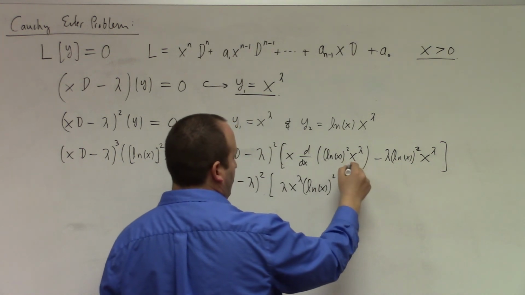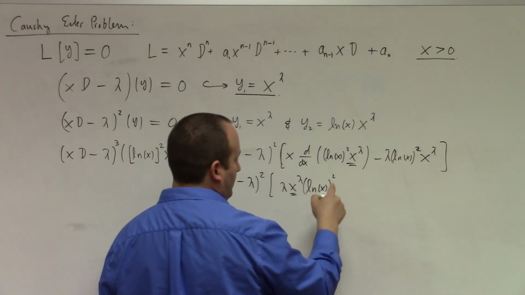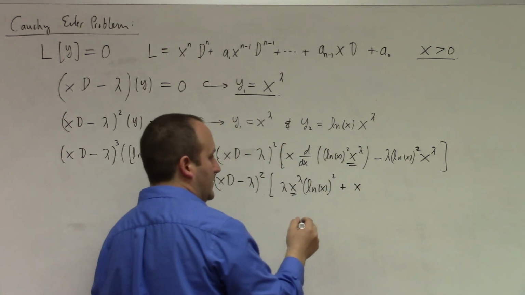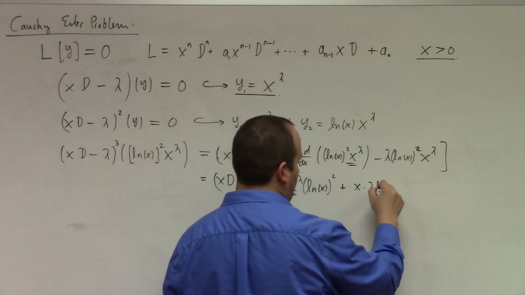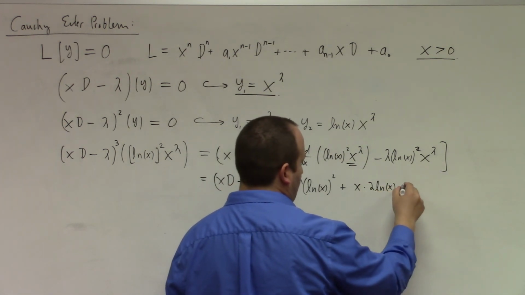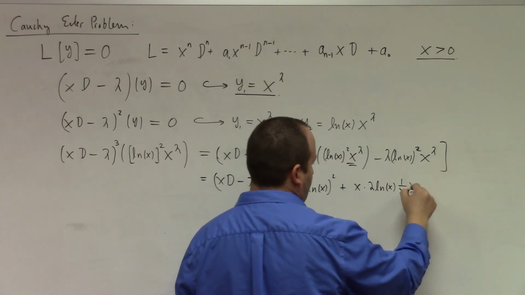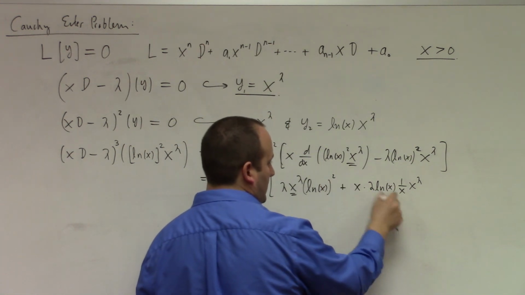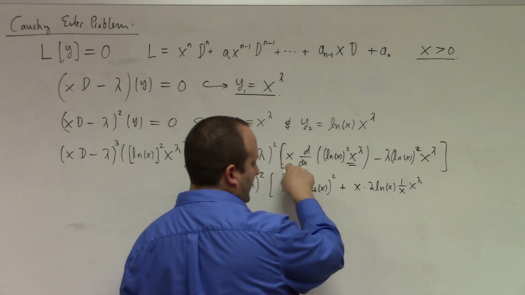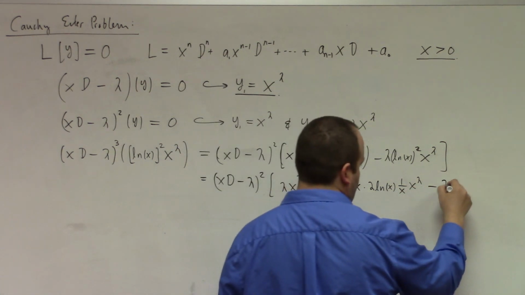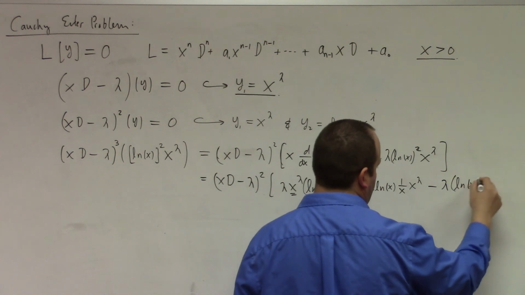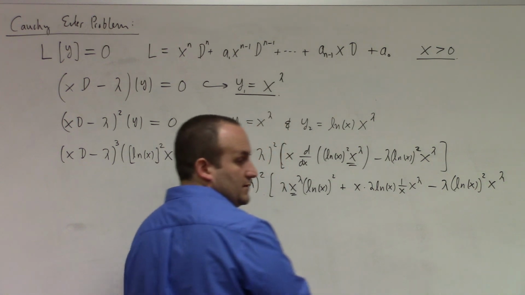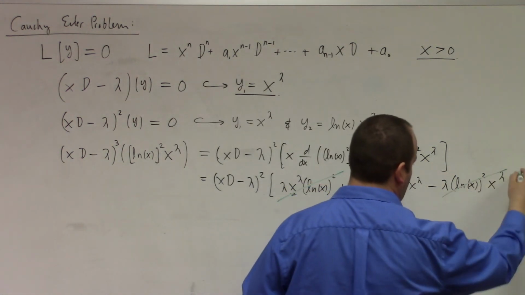I'm just differentiating this term first. And then plus x times 2 ln of x times 1 over x times x to the lambda. That's it, from the chain rule: natural log x times 2, 1 over x, because that's the inside function. I still got the x from out here. I subtract lambda times natural log of x quantity squared, x to the lambda. Thankfully, that cancels with this, like we wanted.